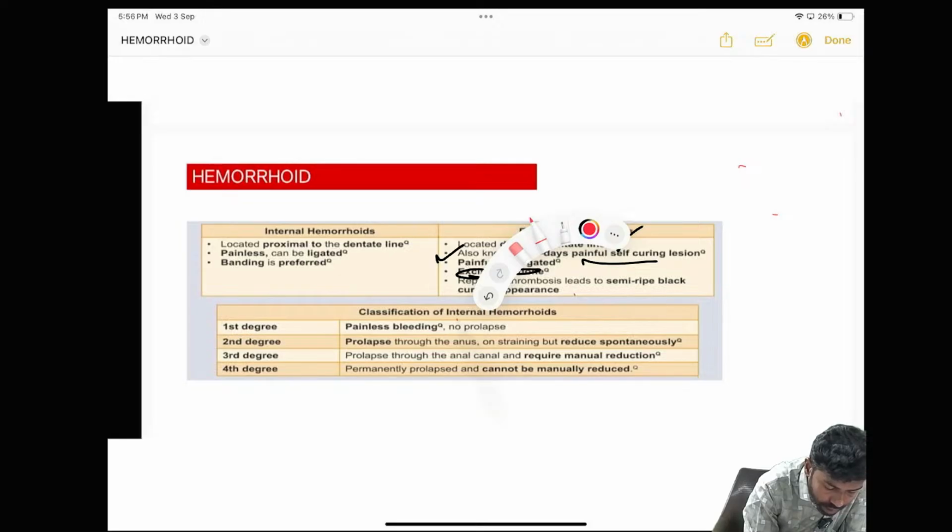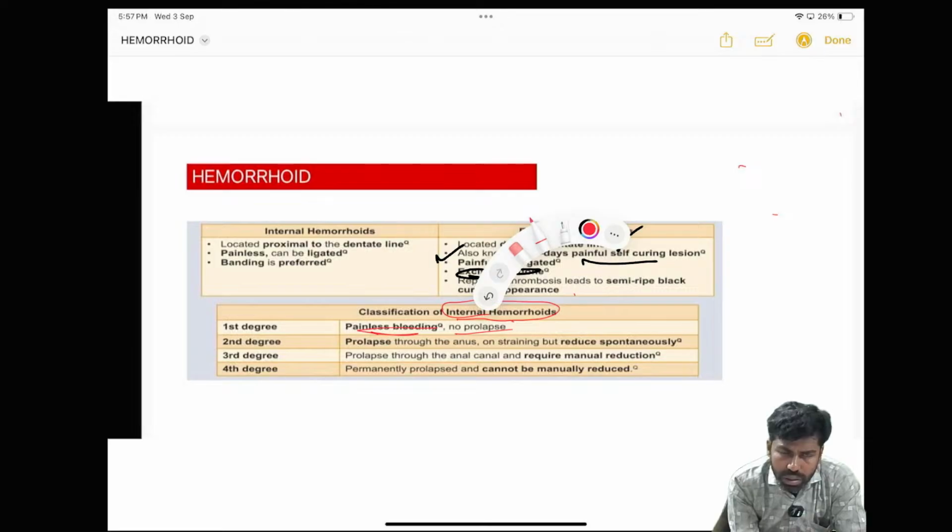We are talking about only internal hemorrhoids. So only painless bleeding. The patient has only bleeding. If you do a per rectal examination, there are no findings, nothing is there.